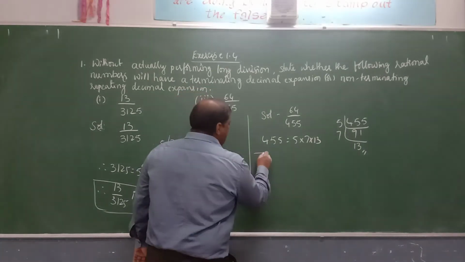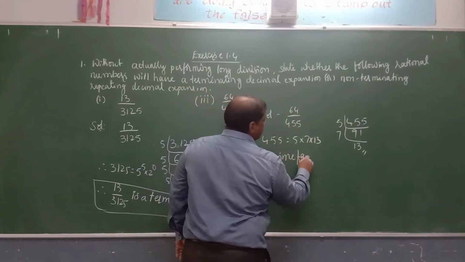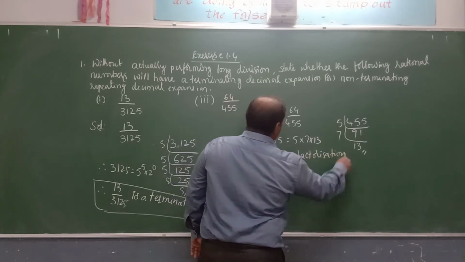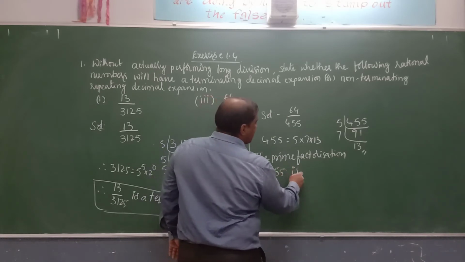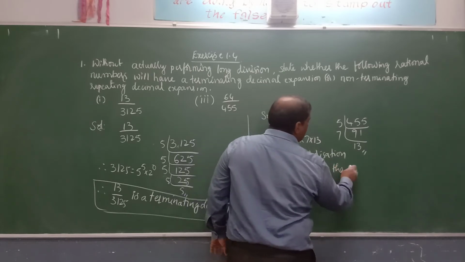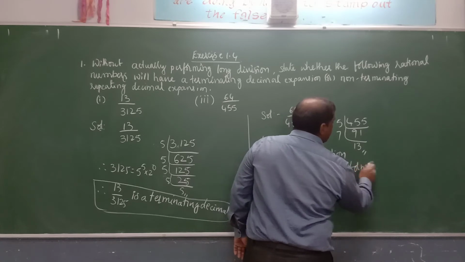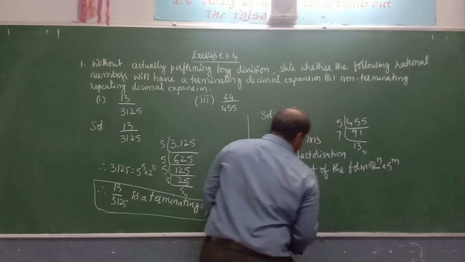Now the prime factorization of 455 is not of the form 2 to the power of n into 5 to the power of m.